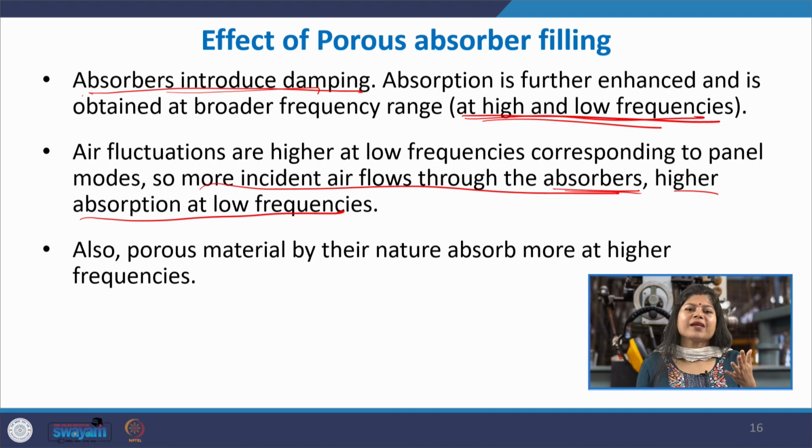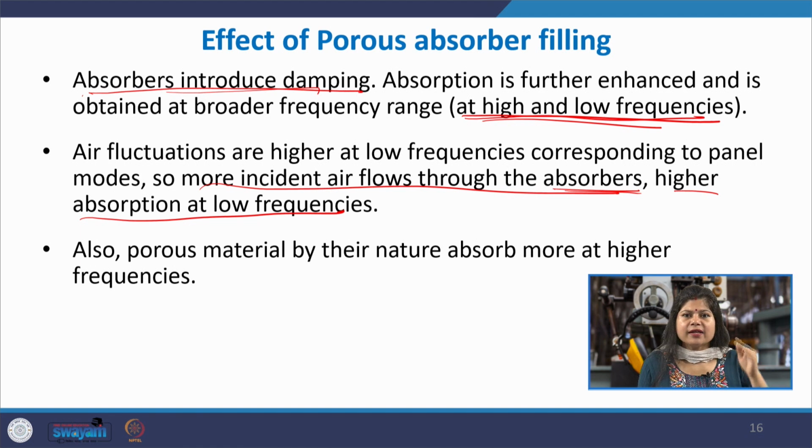So, without the absorber lining, whatever peaks you were getting, if you add the absorber you will get the same peaks, because at those peaks your acoustic particle velocity is the maximum. You have the maximum vibrations and fluctuations, and this large amount of acoustic velocity with which the particles are vibrating, they will enter into the absorber filling.